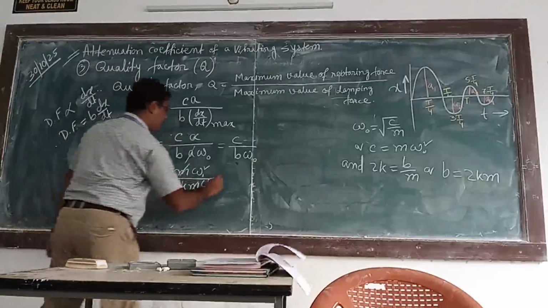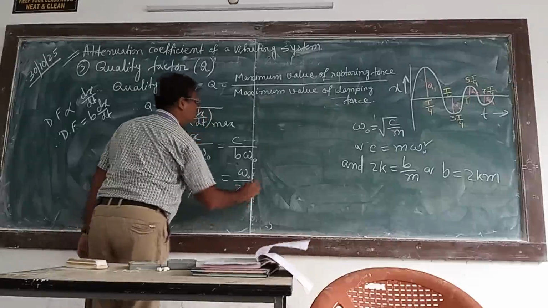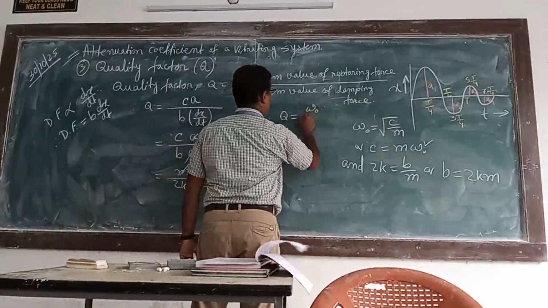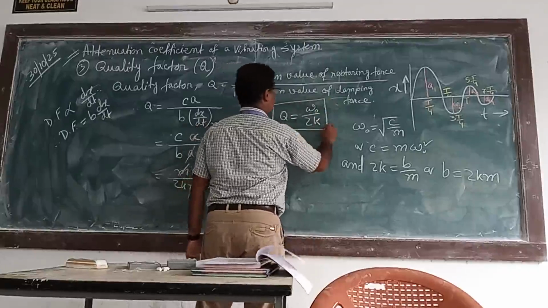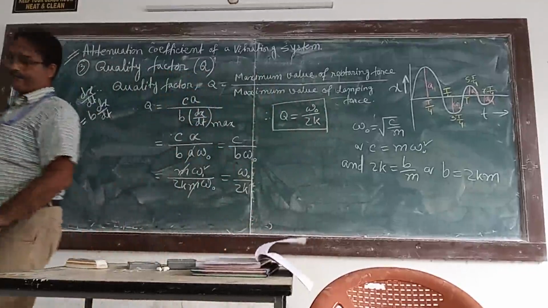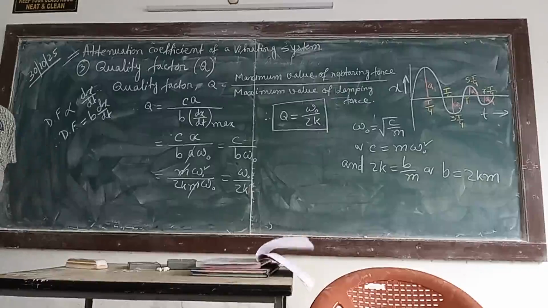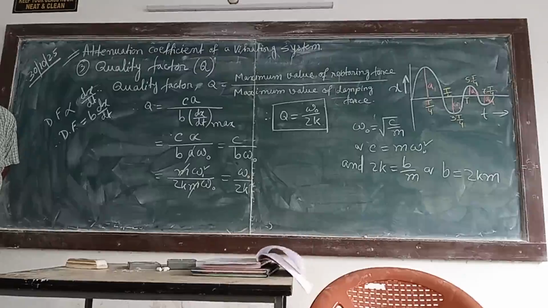M cancels, so this equals omega naught by 2k. Therefore Q equals omega naught by 2k.